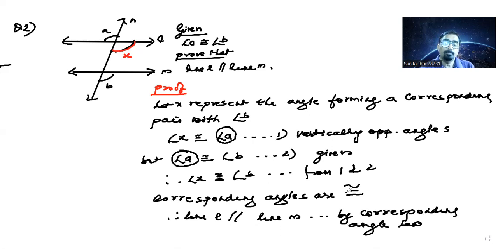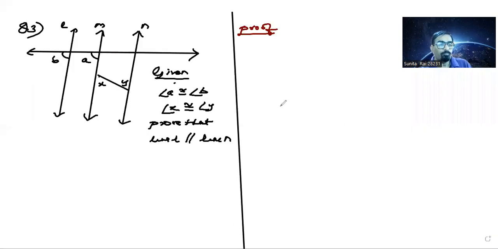Okay. Now we go to the next sum, children. That is question number 3. See, very easy sum, beta. Line L is given, and they give angle A congruent to angle B. Can you see this angle A, children? Both these angles are congruent.